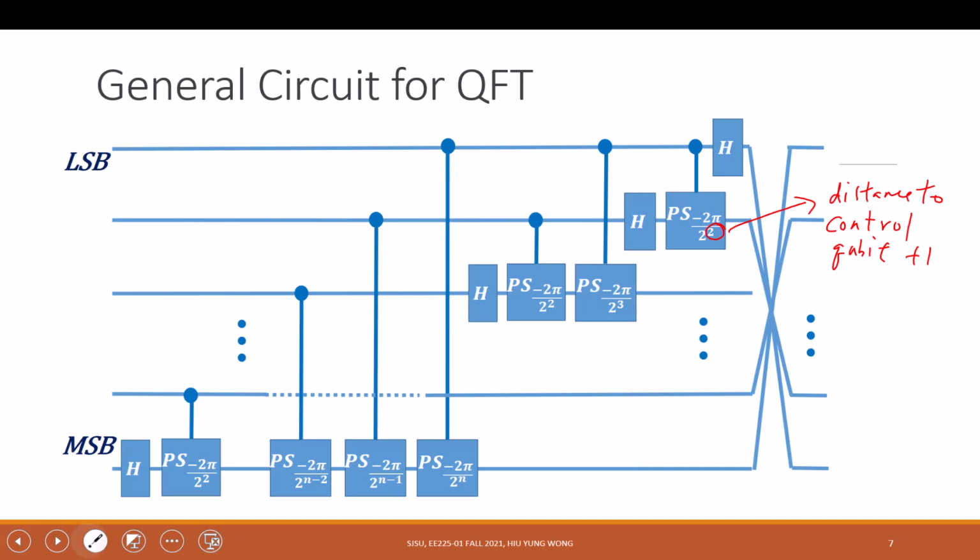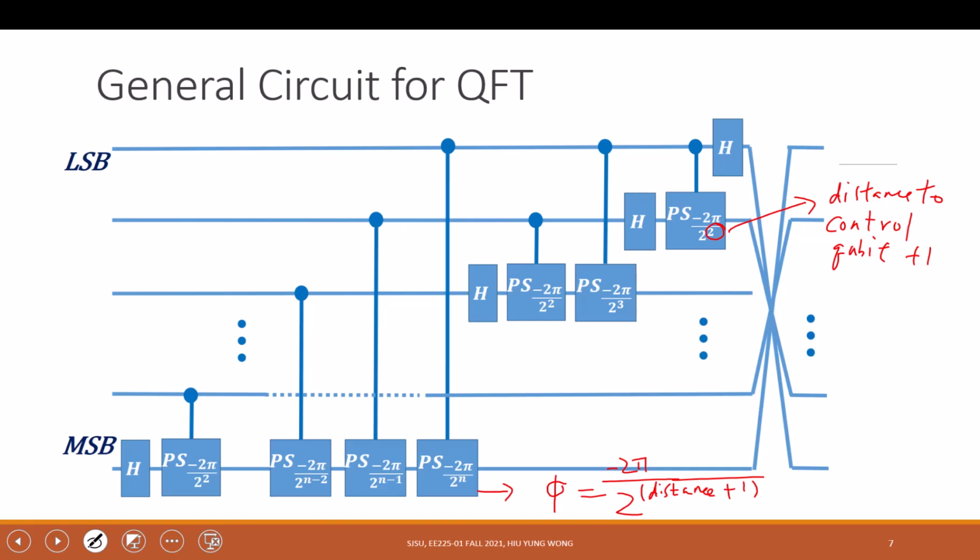So let me just say one more time: phi equals negative 2 pi divided by 2 to the power of distance plus 1, right? Distance between the control qubit and the target qubit.